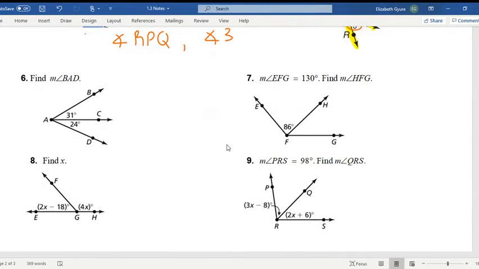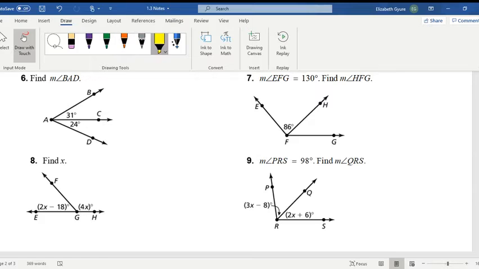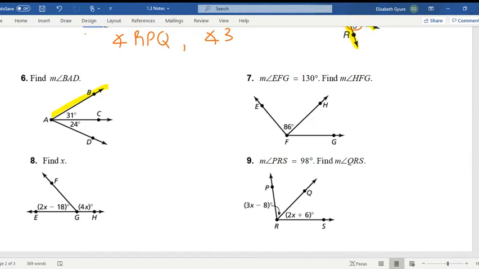Okay. Moving on to number 6, find the measure of angle BAD. So what I like to do with this is label or highlight your picture. Highlight the angle it wants you to find because it's going to vary from problem to problem. So if I want to find the measure of angle BAD, that's the whole thing.